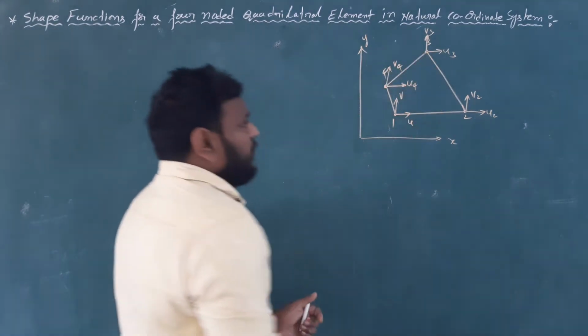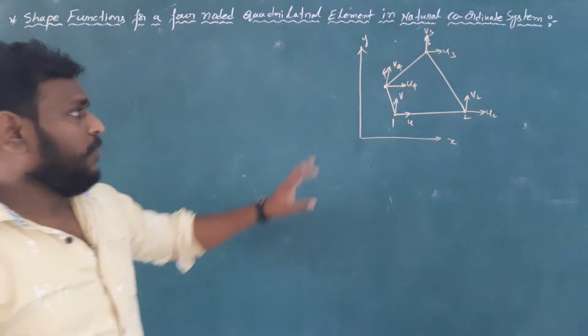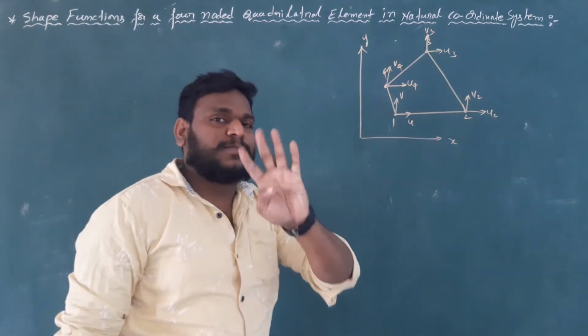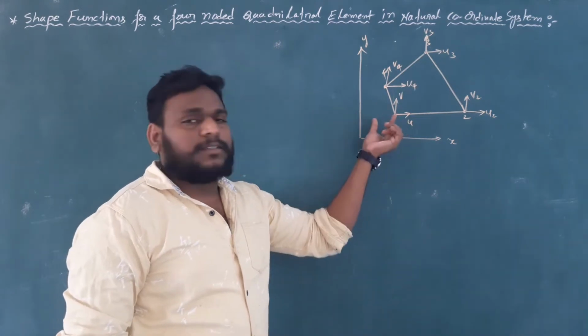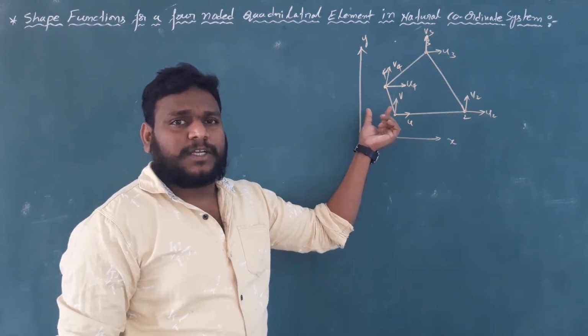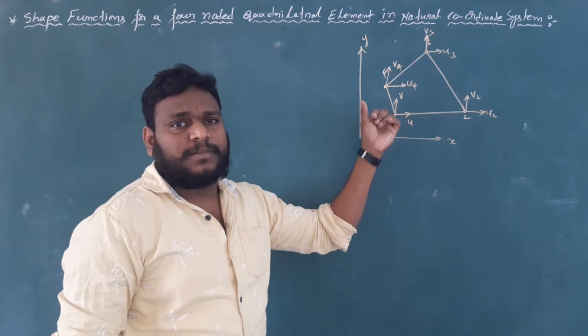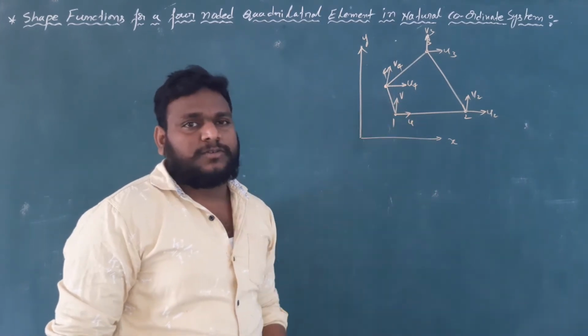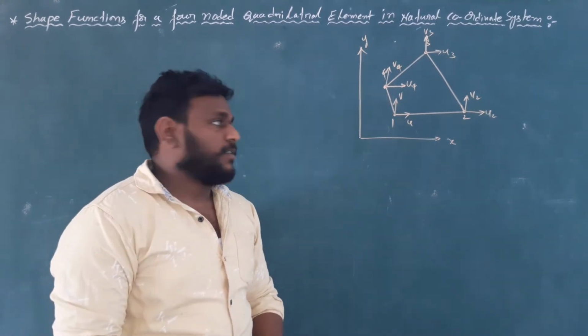These are the displacements occurring in a quadrilateral element. Every node has 2 displacements because it is a 2 degree of freedom system.